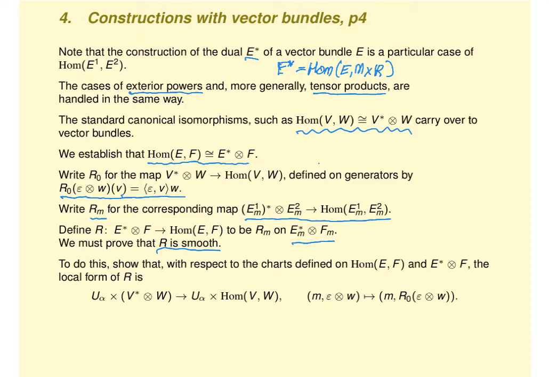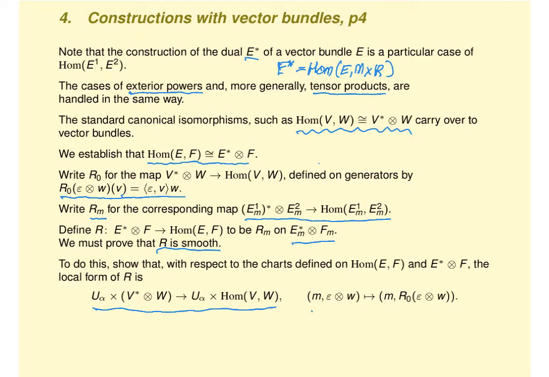And once you've got charts for the domain there and charts for the target, you can show that with respect to them, constructed in the same way, the map R turns into, well, first of all, a map like that, from U alpha times the fiber type of the domain to U alpha times the fiber type of the target.